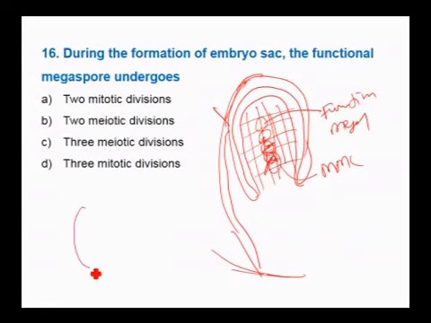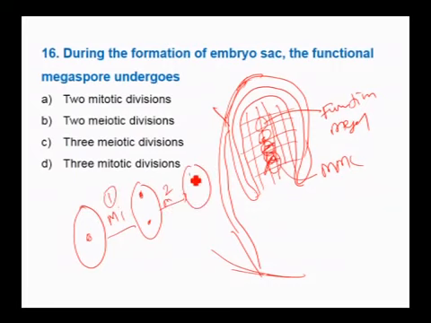Now, this functional megaspore with a haploid nucleus undergoes the first mitotic division to produce 2 nuclei which move to the opposite poles. Then the second mitotic division produces 4 nuclei. Then the third mitotic division produces 8 nuclei. So totally, 3 mitotic divisions take place in the functional megaspore to produce 8 nuclei.